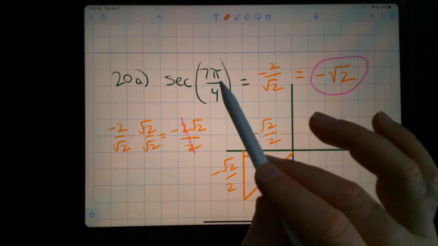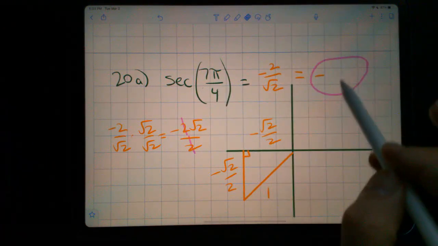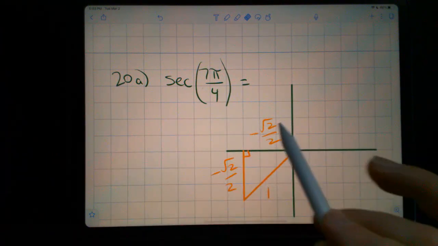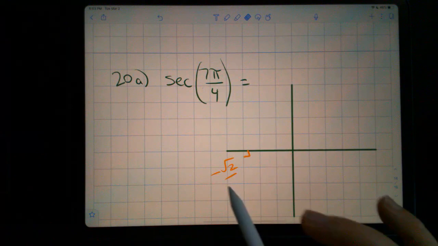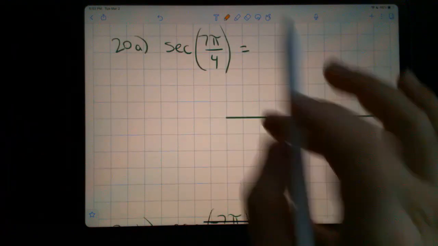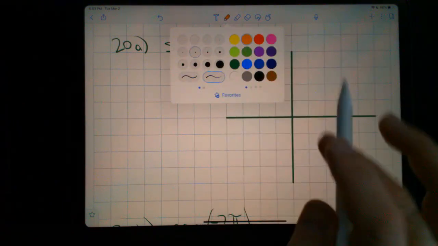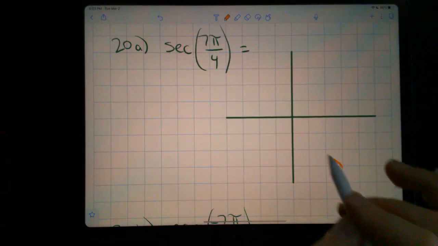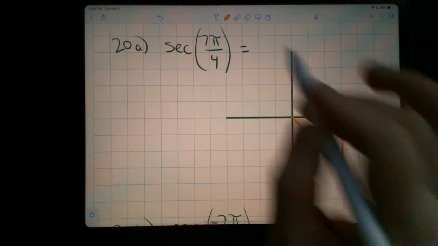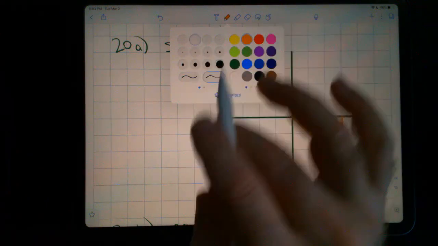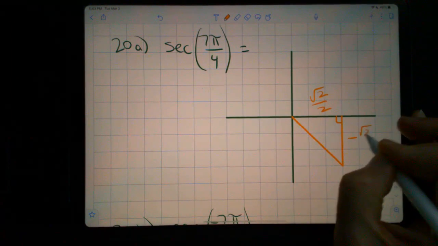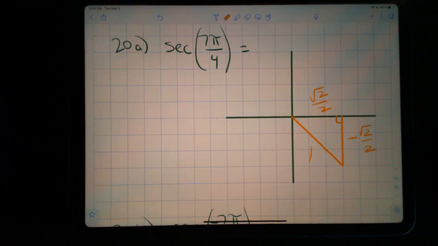This is in quadrant 4. So here the x is positive root 2 over 2. The y is negative root 2 over 2 with a hypotenuse of 1.